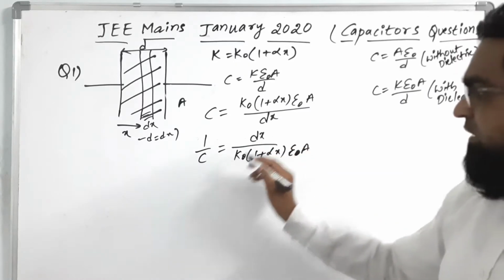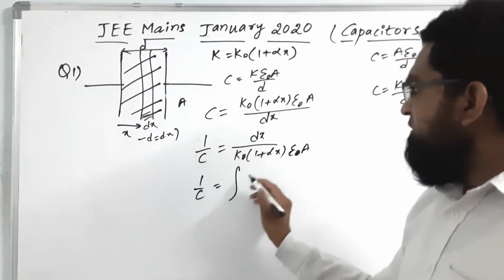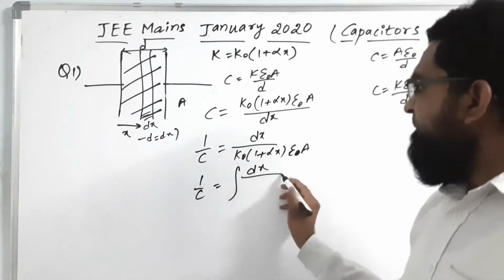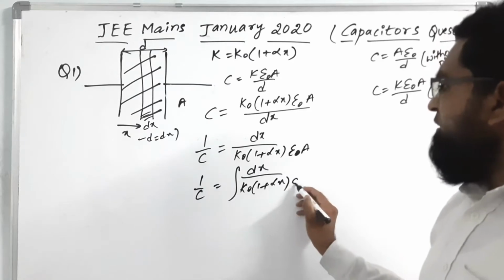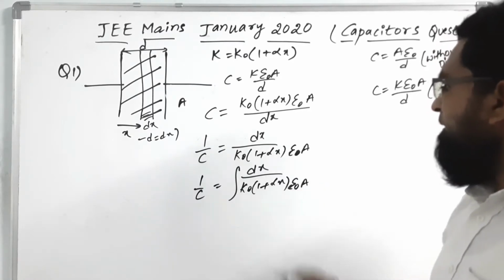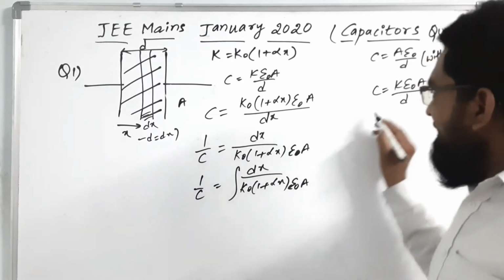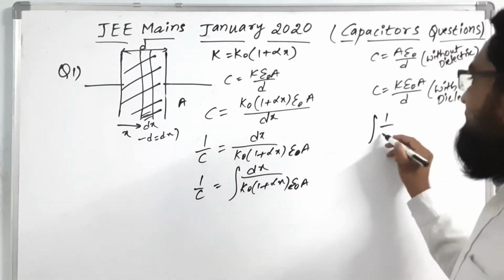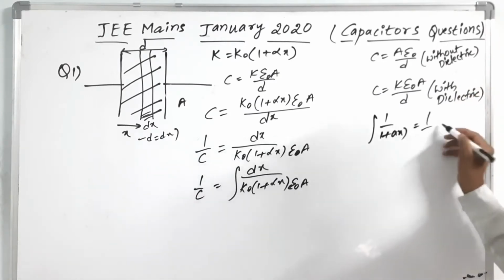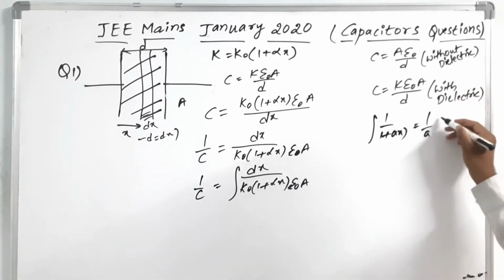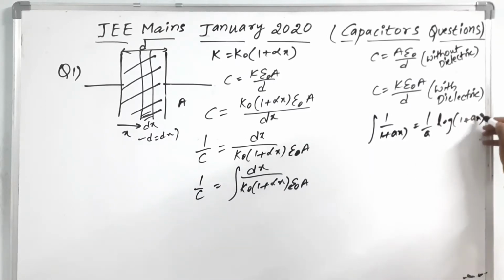Next, integrating this function, dx by K naught of 1 plus alpha x epsilon naught A. The integration of 1 by 1 plus ax has the formula 1 by a into log of 1 plus ax.